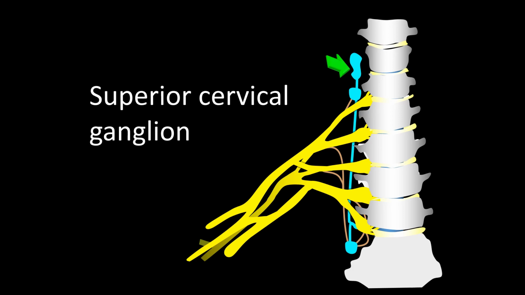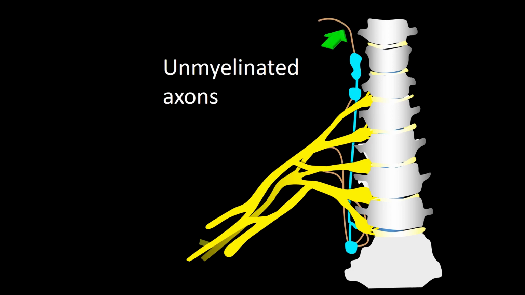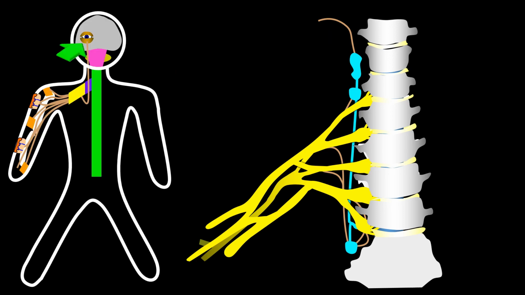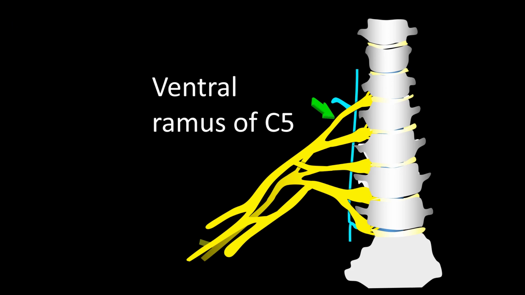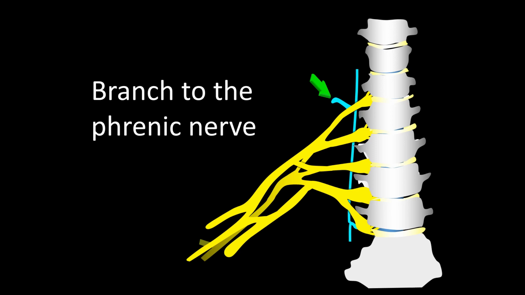This ganglion houses sympathetic neurons that send unmyelinated fibers to innervate the eye. The second nerve arising from the brachial plexus does so from the ventral ramus of C5. This nerve joins C3 and C4 fibers to form the phrenic nerve.